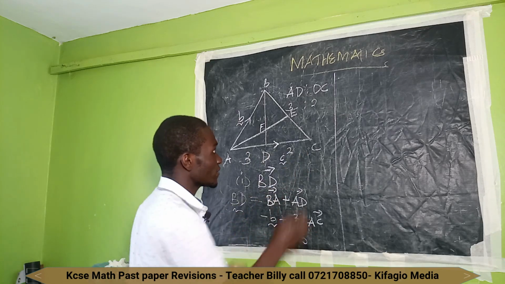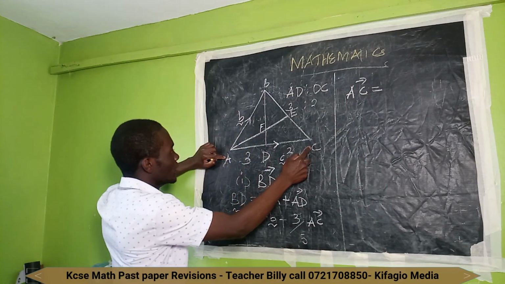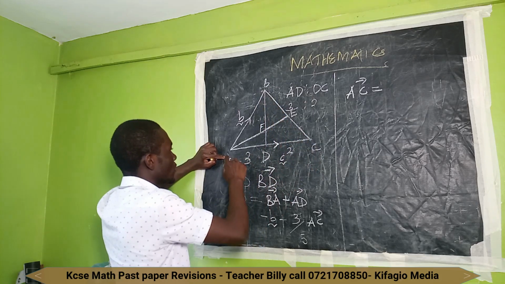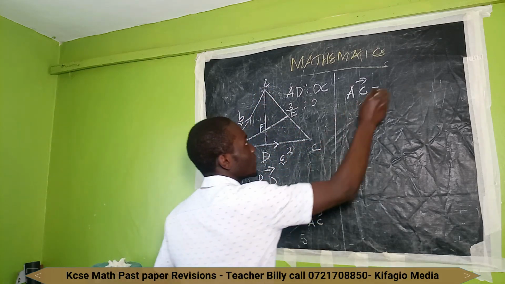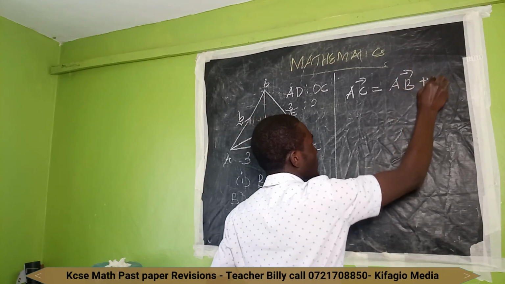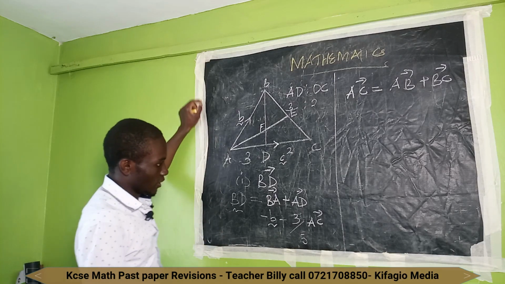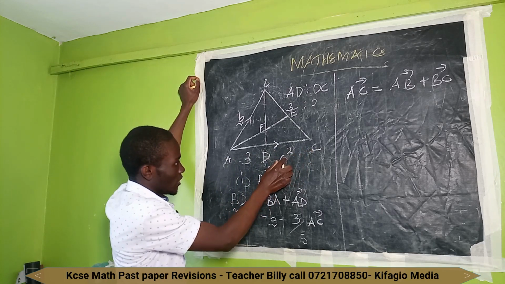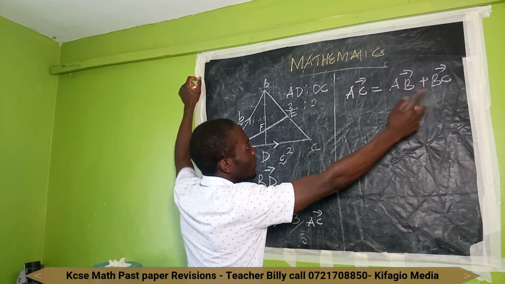Now what is AC? AC is equal to AB plus BC. But class, remember we have been told AC is C, and therefore you can even not use AC being equal to AB plus BC.